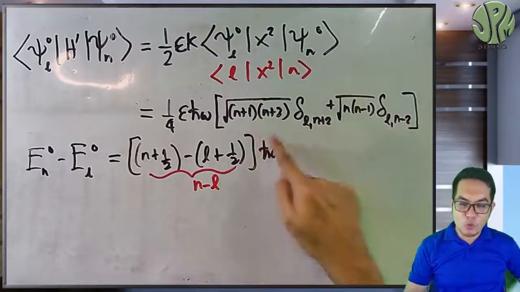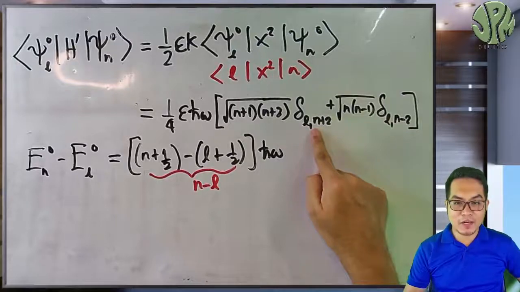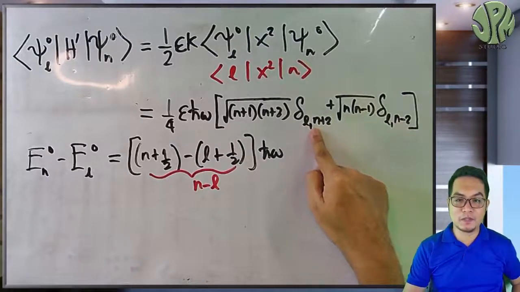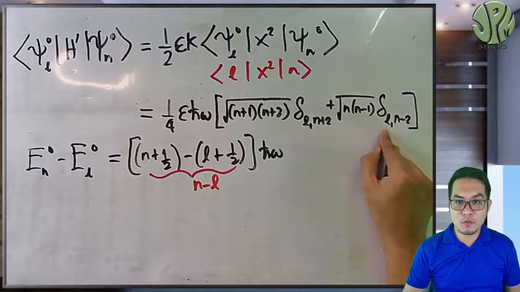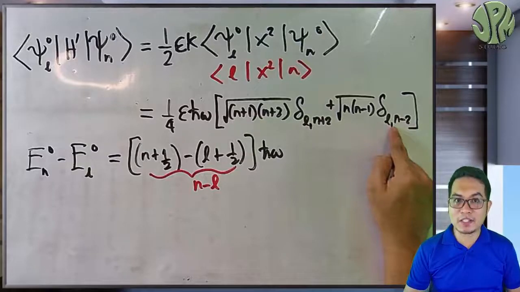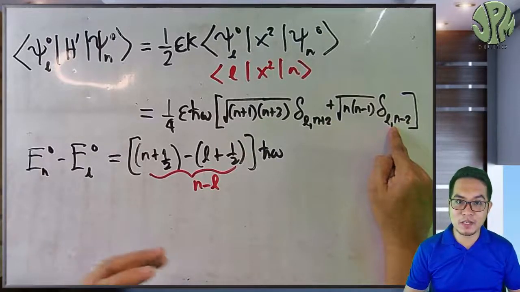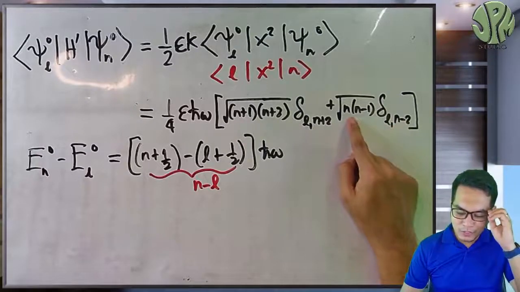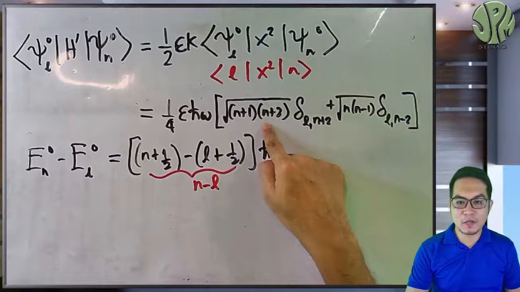So if you take the square, the square of the delta function is just the delta function, because its value is either 1 or 0, and the square of 1 or 0 is just 1 or 0. So the square of this is n times n minus 1, and the square of this is n plus 1, n plus 2.